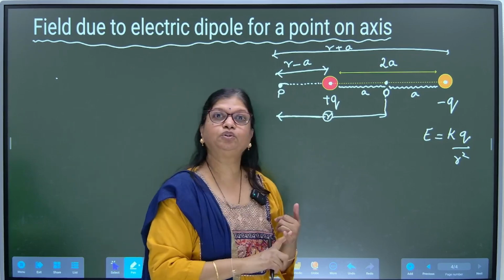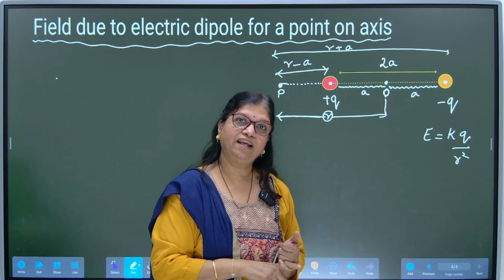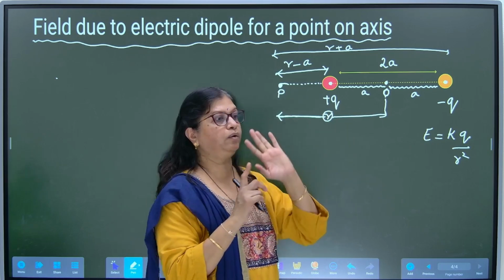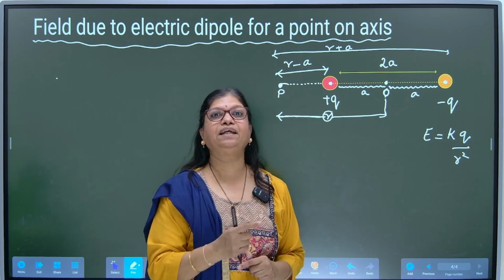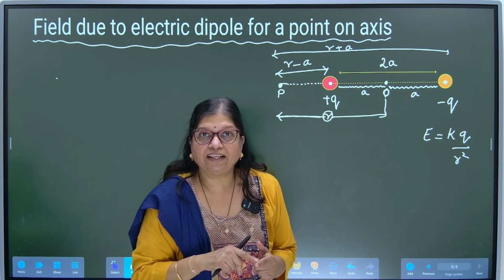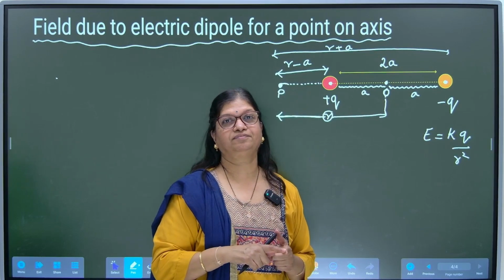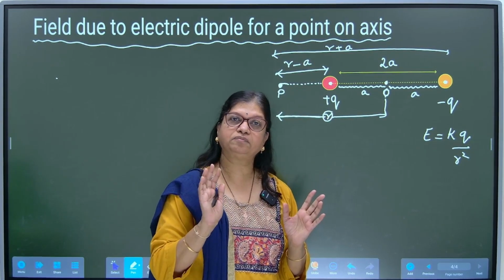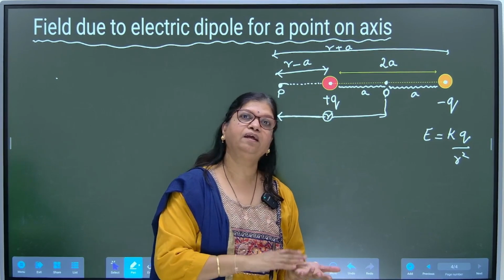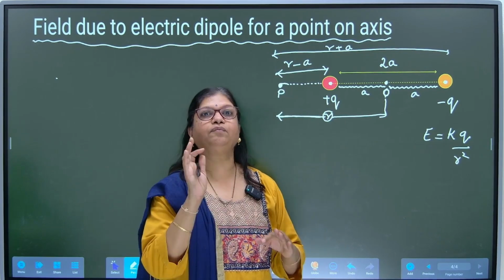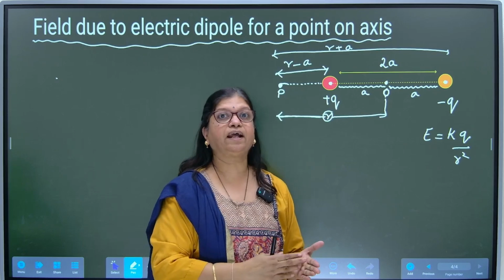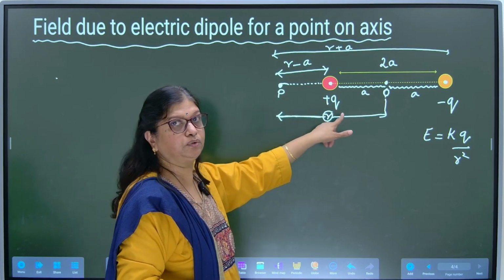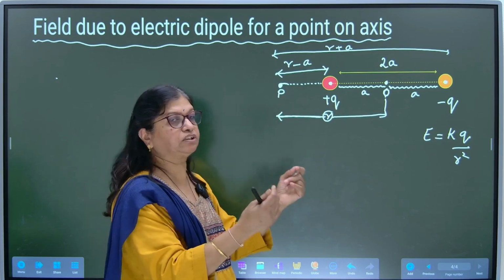Now, as usual, what do we do? We find out the distance between the point and the charge. We found out. What is the next thing we do? We find out the direction from the point P to the charge or from the charge to the point P. We find out the direction and we name it. So we are trying to find out the electric field due to plus Q at the point P's direction.